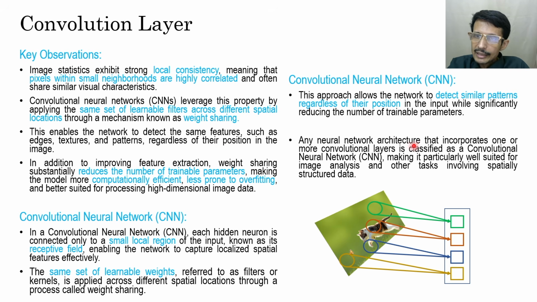So any neural network architecture that incorporates one or more convolution layers is classified as a CNN, a convolutional neural network, making it particularly well suited for image analysis and other tasks involving spatially structured data. That is a bit interesting or important.